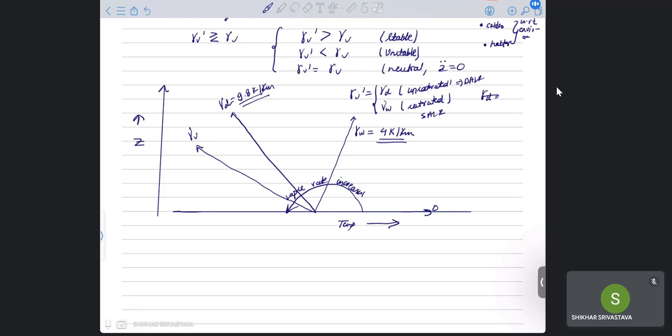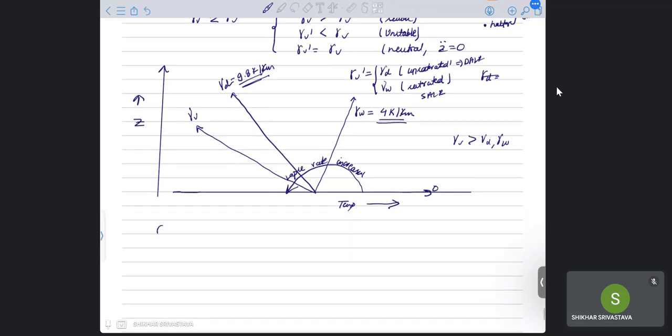In that case, your gamma V is greater than gamma D and is also greater than gamma W, because it is very high. Gamma V is lying here. So in this part of the atmosphere, it is case 1.